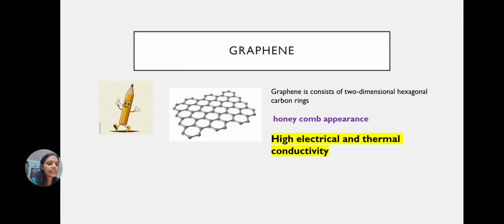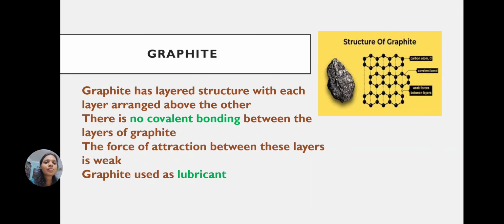Okay. Then we will discuss its cousin allotrope, a similar allotrope, graphite. What is graphite? Graphite has a layered structure with each layer arranged above the other.